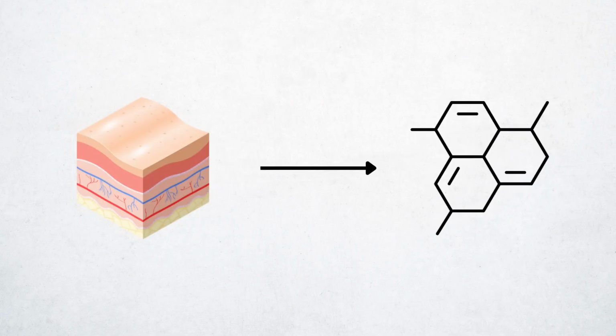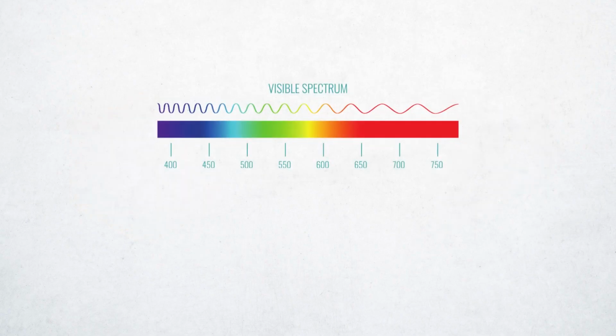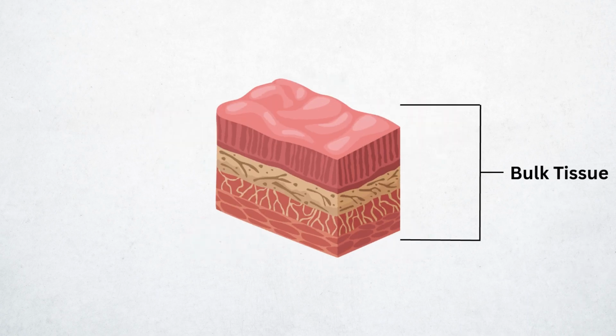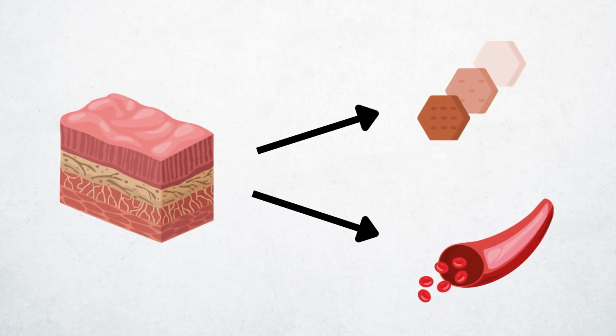But the skin can also absorb the radiation due to various molecules. In general, visible radiation, as we have seen before, which is the sunlight that can have a wavelength between 400 to 700 nanometers, is not well absorbed by the bulk tissue, which are the overall layers of the skin, but can be strongly absorbed by the skin pigments and blood.